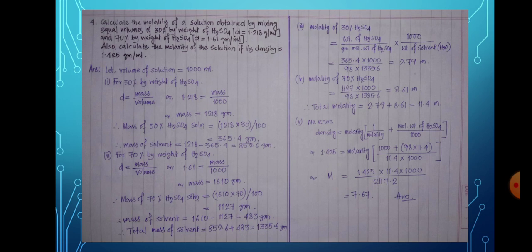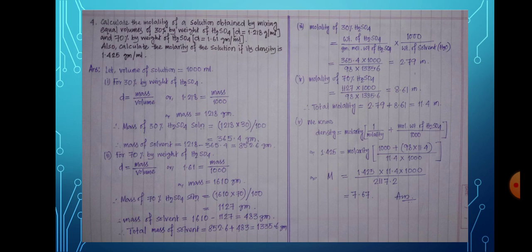Now at the second part, in your question paper it is written to also calculate the molarity of the solution. Whenever we calculate the molarity of the solution and density is given, just write down the formula: density equals molarity into (1 by molality plus molecular weight of sulfuric acid divided by 1000).